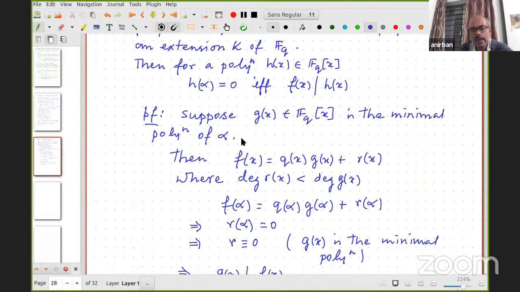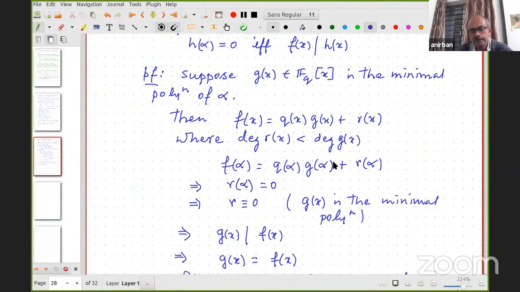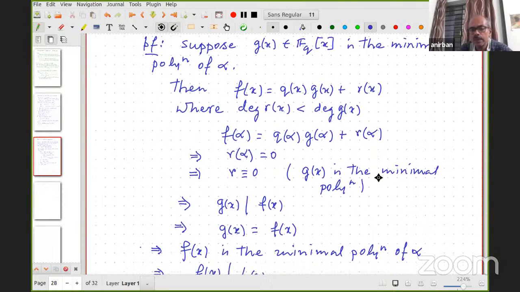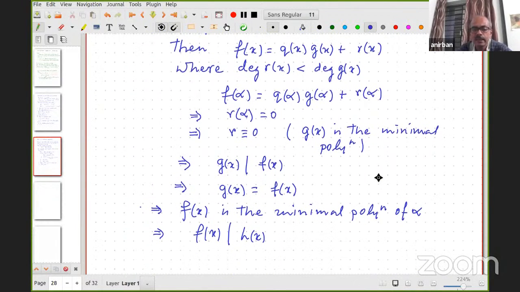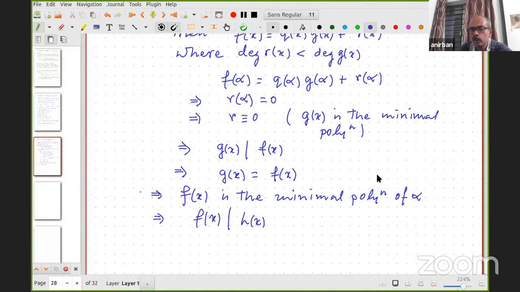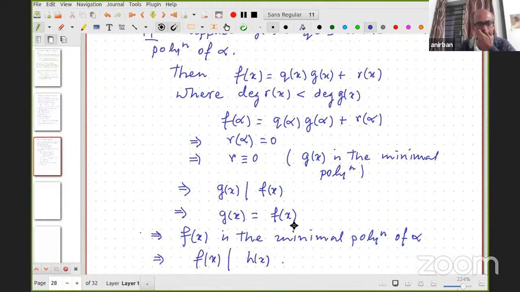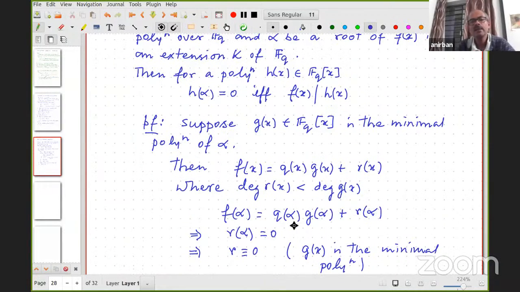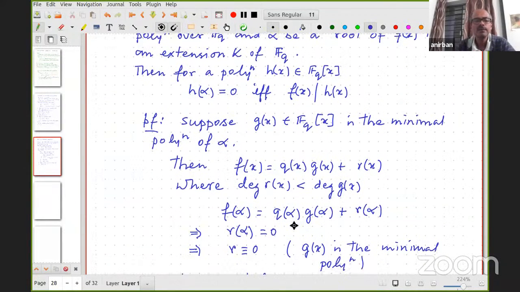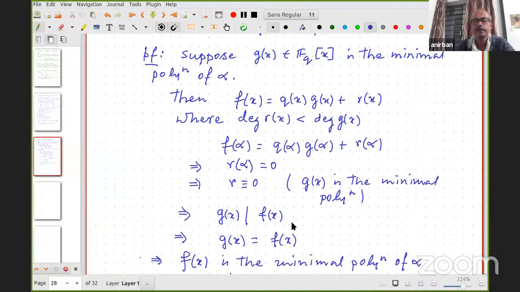So that would imply that alpha would satisfy the remainder polynomial. The remainder has a degree strictly less than f(x), and f(x) being the minimal polynomial, the remainder has to vanish. The exact same argument would show that f(x) divides h(x), and that's what we wanted. So this is simply a consequence of Euclid's algorithm for polynomials.